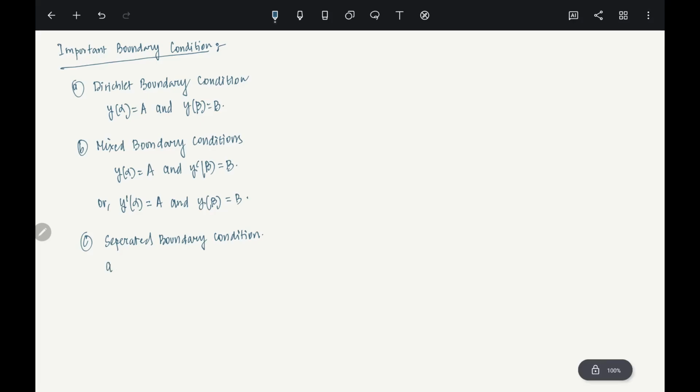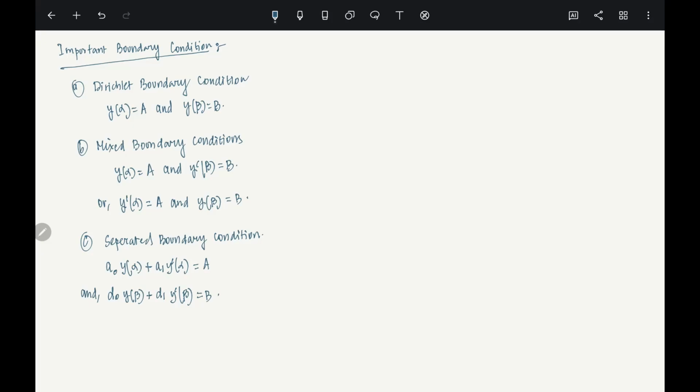You have the data at alpha and the data at beta, like this: a naught of y at the point alpha plus a1 of y prime at the point alpha is A, and d naught of y at the point beta plus d1 of y prime at the point beta is B.